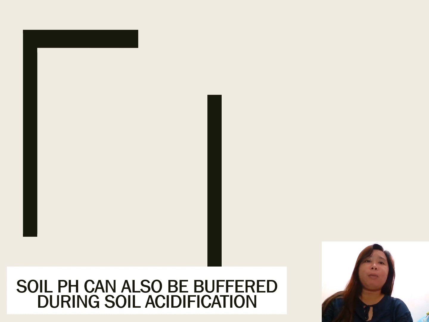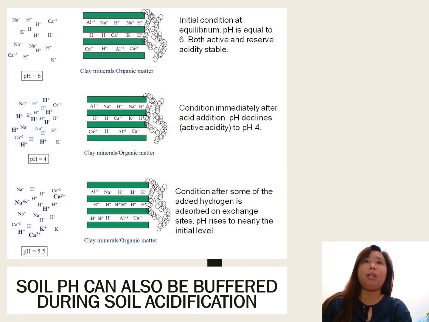Soil pH can also be buffered during soil acidification. For example, when you convert pH 6 to pH 4, it can immediately be pH 4 once you add an acid. But it can be buffered and can return to pH 5.5.